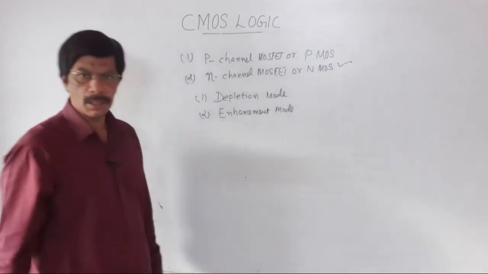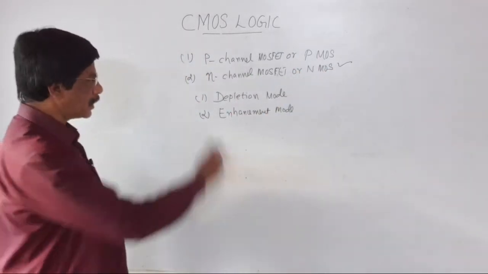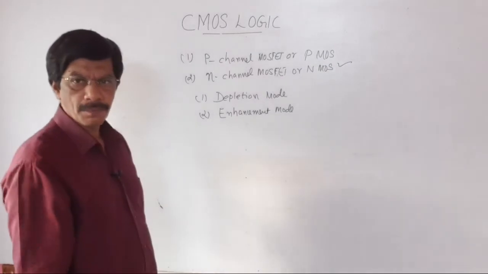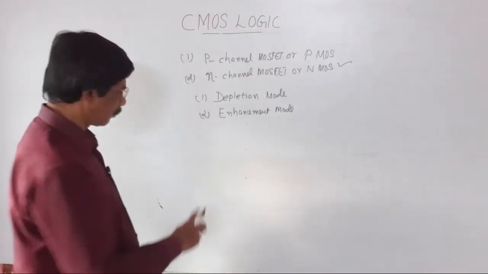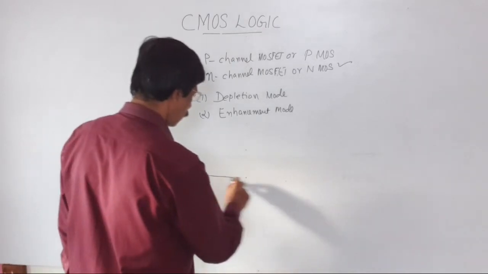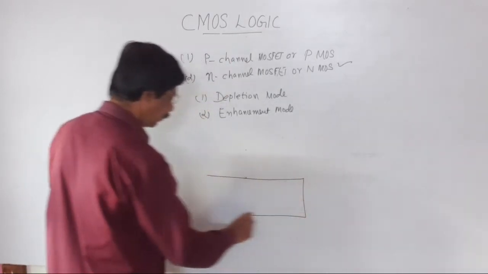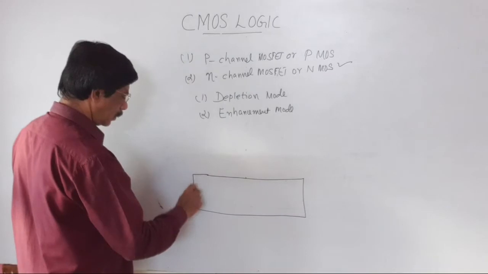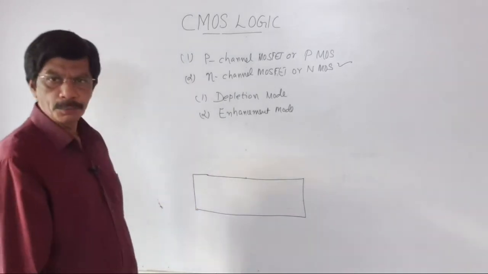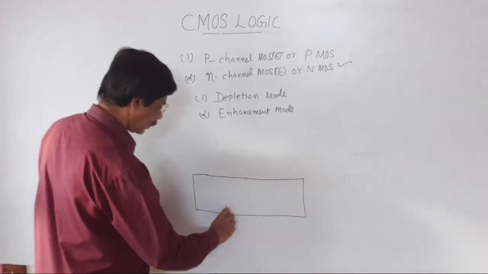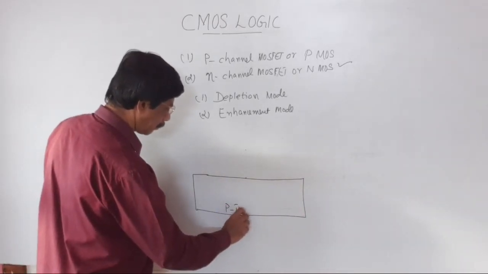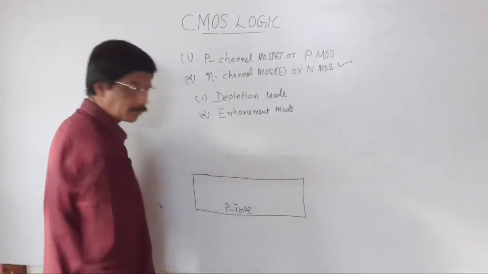The N-channel MOSFET consists of a lightly doped semiconductor bar. This is the lightly doped P-type semiconductor bar.